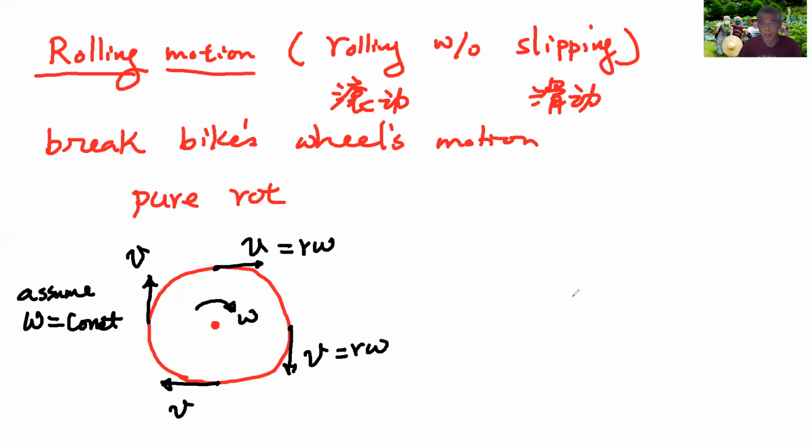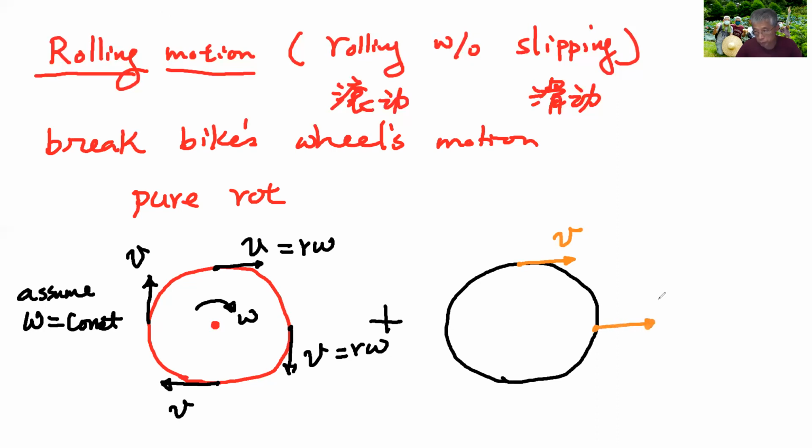Okay. And then the other part is pure translation. So what do we mean? So we have the wheel, right? I'm changing color here. Every single point is going to have a velocity. Say they are the same, for example. And this point will have a velocity that's going this way too.